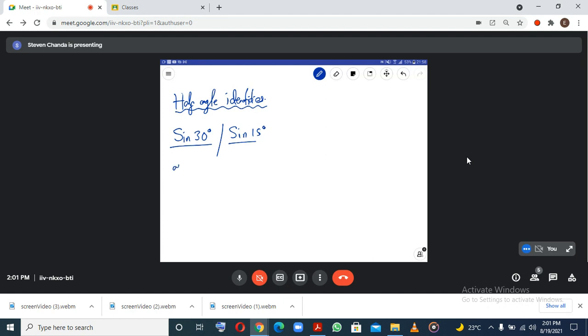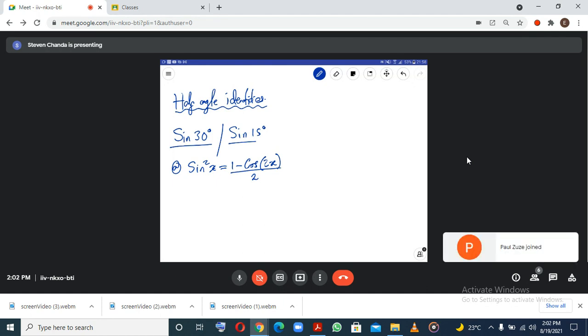Let's start with the one for the sine. The power reducing identity for the sine was this, right? So how you're going to find your half angle is you introduce the square root.